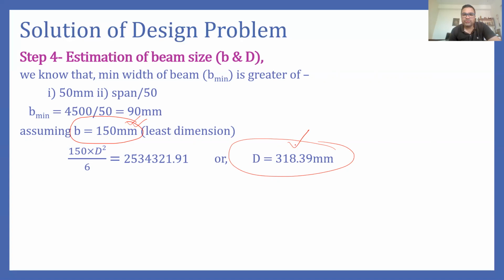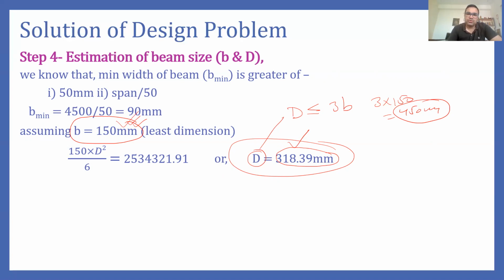Now IS code also gives recommendations for D, and it says that D should be less than or equal to 3 times B. So 3 times B is 450 mm. You can see the calculated value of D, 318, is less than 450. So we can say that this size satisfies the condition as per IS code recommendations regarding the dimensions.